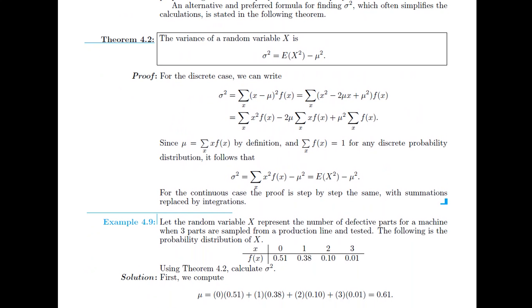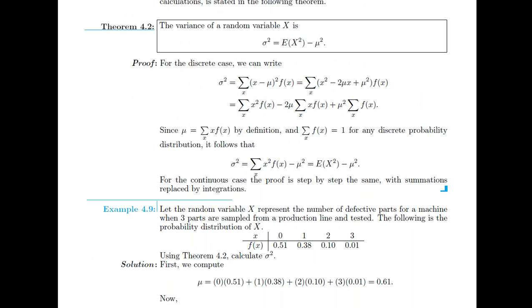The proof: for the discrete case, we can write sigma square equal summation over x of (x minus mu) square times f of x, equal summation over x of (x square minus 2 mu x plus mu square) times f of x, equal summation of x square f of x minus 2 mu times summation of x times f of x plus mu square times summation of f of x.